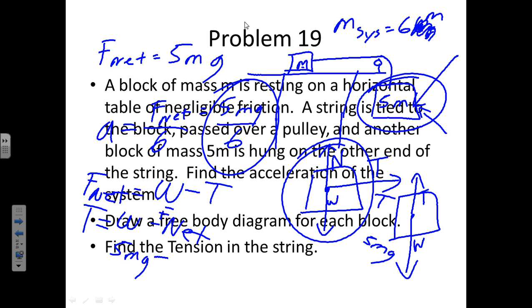The one hanging from the table. It's going to be 5 mg, the mass, times what? F equals ma. So it's going to be 5 m, rather, the mass, times the acceleration, which is 5 mg over 6.